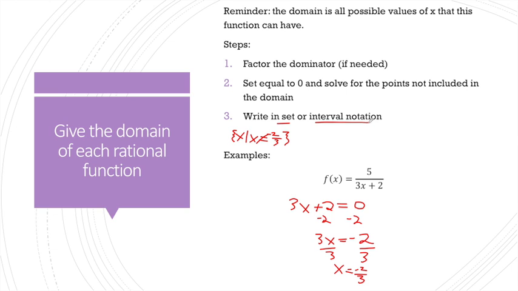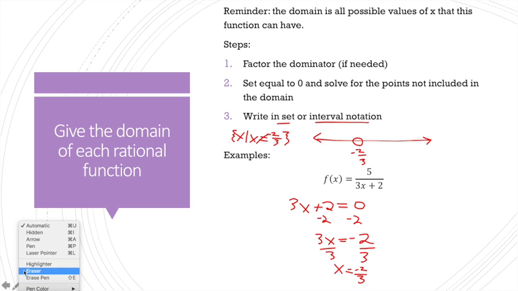If I was going to write it in interval notation, you could imagine a number line, right? Here's our x-axis, this is our number line, but there's going to be a hole in our number line at negative 2/3. So I have all of this and all of these points, right? These are my domain except negative 2/3.